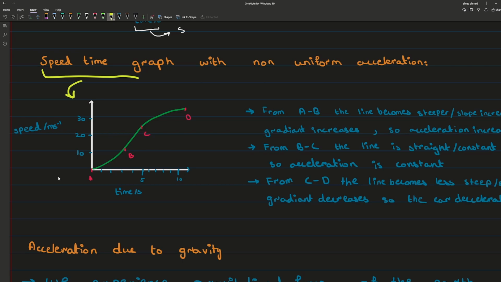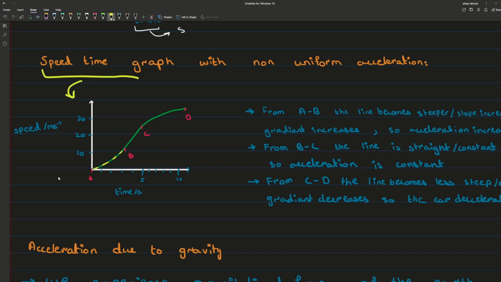So we can see between A and B, the line starts to get steeper and steeper, and this steepness indicates an increase in acceleration. And at point B, we can see that the acceleration is at maximum. Then from B to C, we can see that the line is straight. It is a constant gradient, and this indicates that the acceleration is now constant as there is no change of gradient.